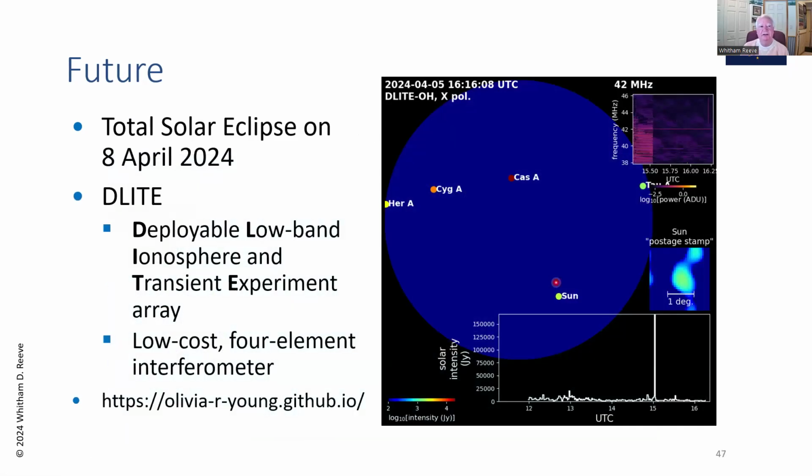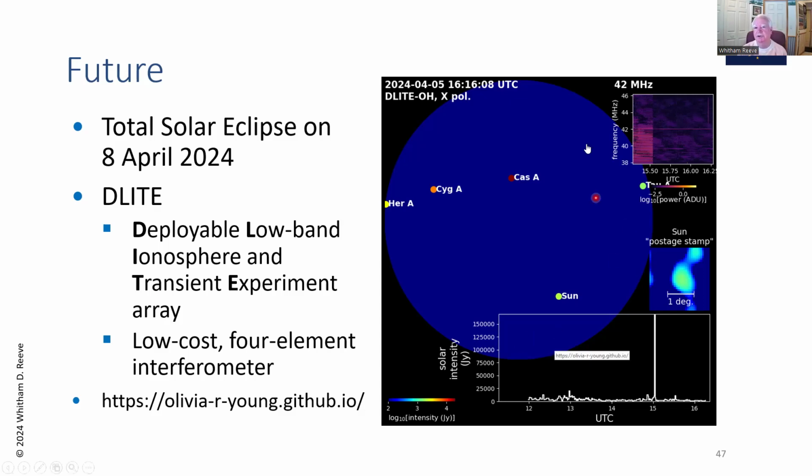Now, there is another thing that I wanted to mention for the Monday eclipse, and that is there's been a D-Light station. This is a scaled back long wavelength array station, has 4 antennas. They're set up as an interferometer, and Olivia Young, down in Hawaii, has set up this station in Ohio State, and it is located right along the total eclipse on Monday.